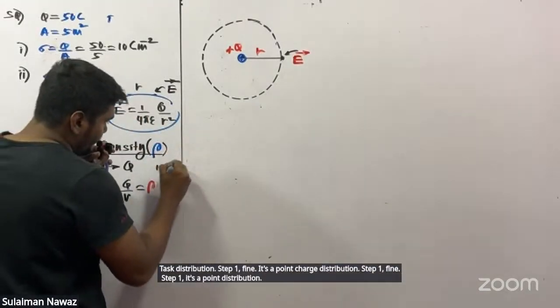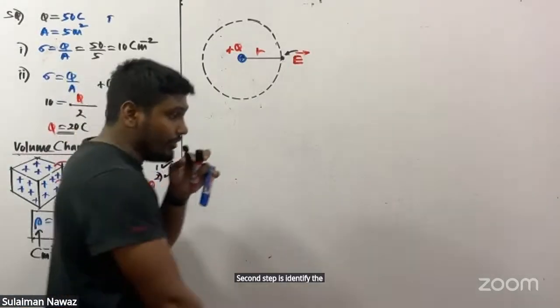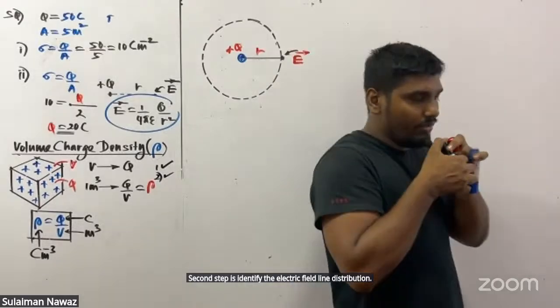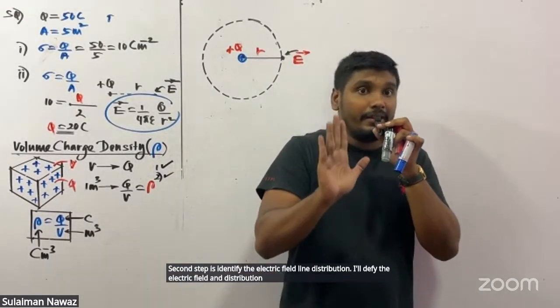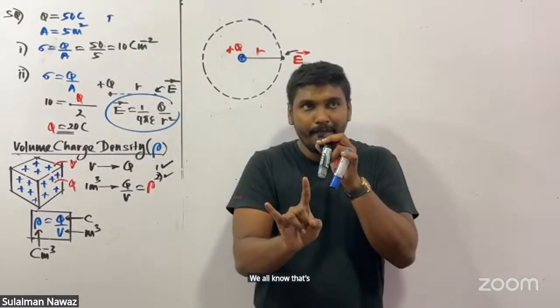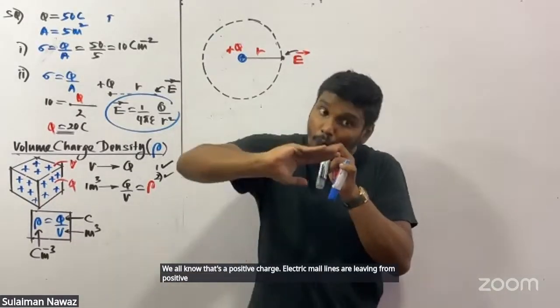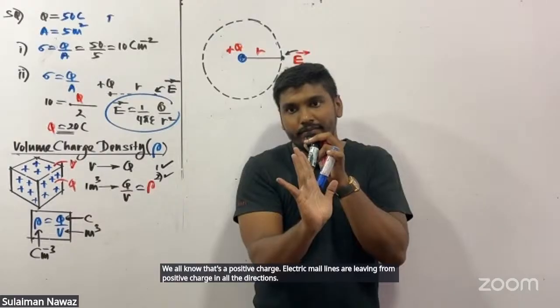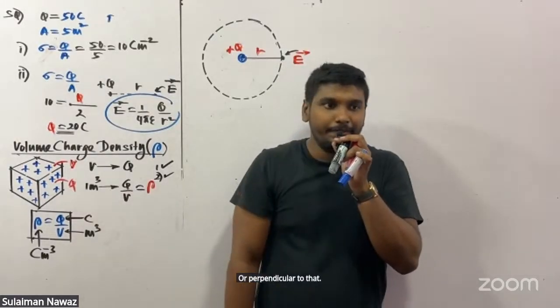The second step is to identify the electric field line distribution. Just think in a 3D manner. We all know that's a positive charge. Electric field lines leave a positive charge in all directions, perpendicular to that positive point charge.